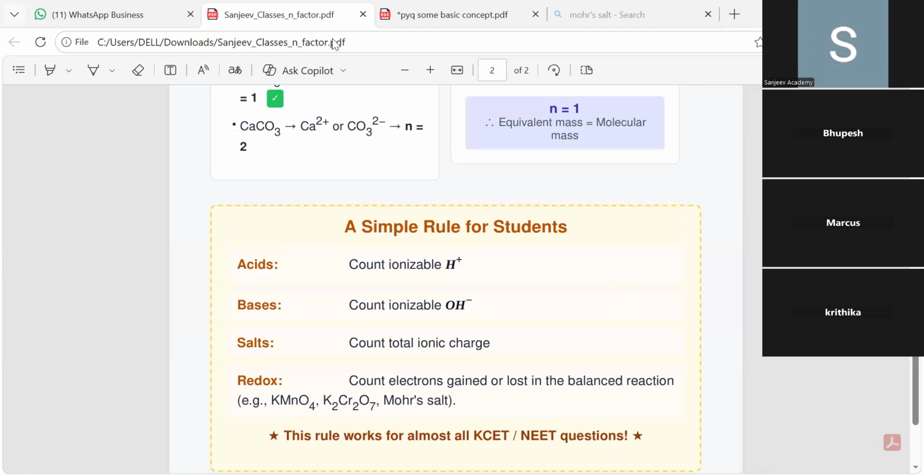Is there anyone who did not receive the PDF? Who did not receive the PDF? I think everyone got it, right? Let me see who did not get.